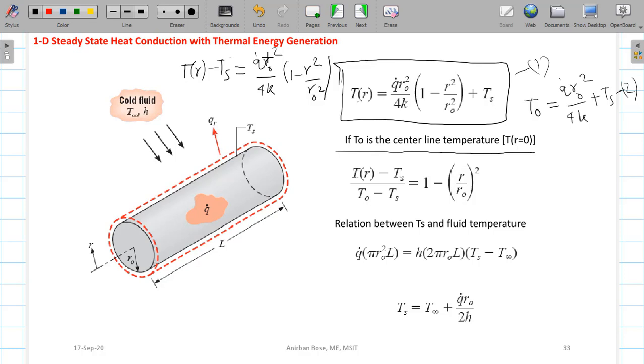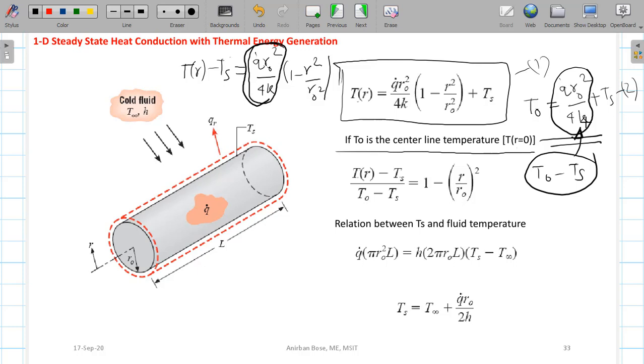And this value Q dot r0 square by 4k, you just put from equation 2, that is nothing but T0 minus Ts, because T0 minus Ts is equal to this quantity which is coming from equation 2. So you just take it to the left hand side and that will be in the denominator, and you will get this relation. I think it is clear.